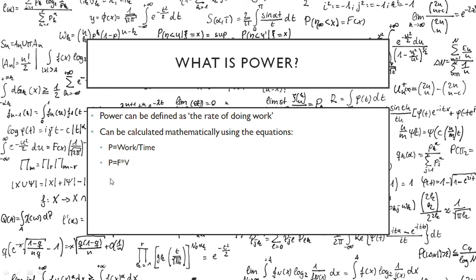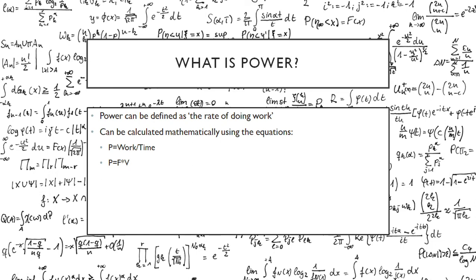We also have this equation where power equals force times velocity, and that's probably more applicable to the athletic performance setting, because we can quantify force and velocity a lot easier. Essentially, this equation says that if we either increase force or increase velocity, we are going to increase power.